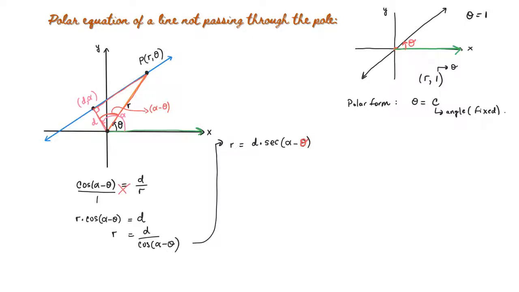If you remember, d comma alpha was a specific point. The variable point, the point that we just randomly chose, could have been any point on the line, was point P, r comma theta. So I want you to think of theta as playing the role of x in the Cartesian plane. Theta is your variable.